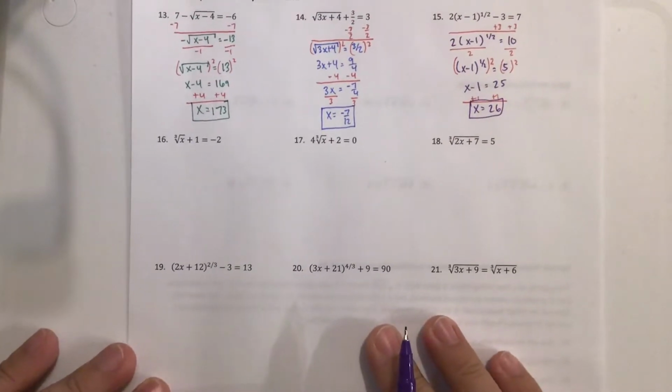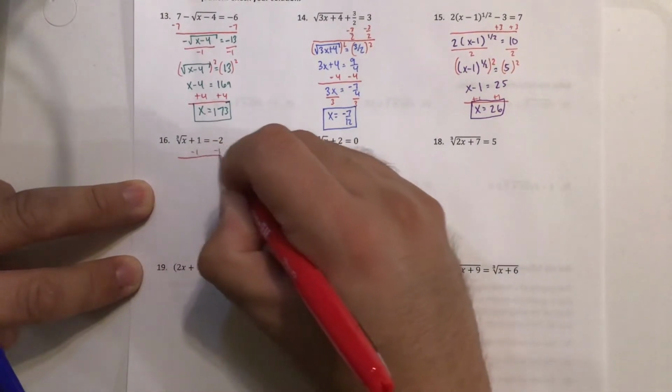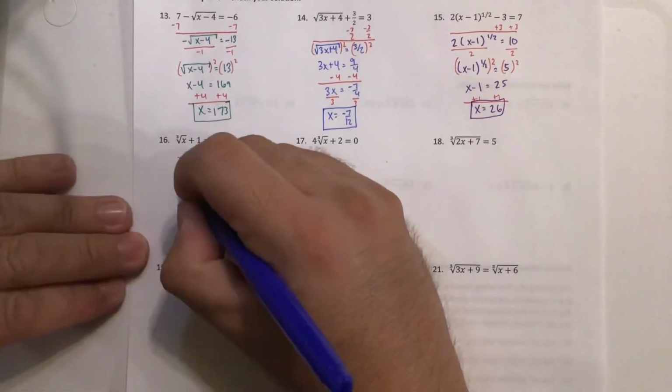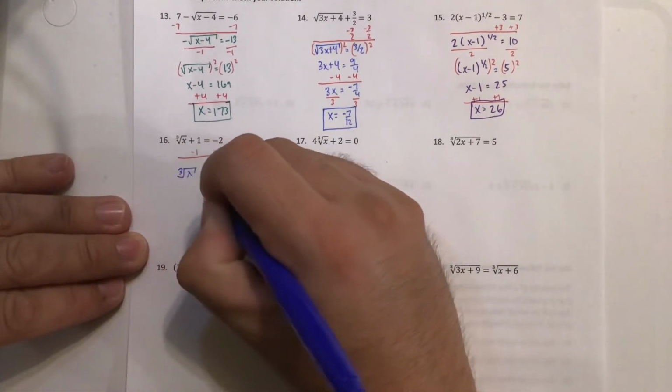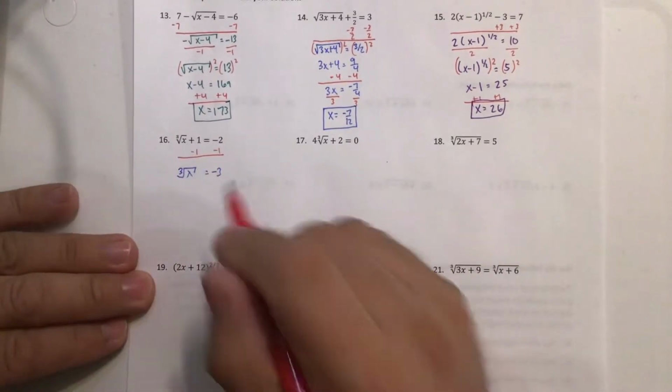It's a cube root, so as long as the work is right, you don't have to check your work, but we'll verify that it does work. Subtract 1 from both sides. So we get the cube root of x is equal to -3, and that's okay because we know a cube root, odd roots, will give us one solution.